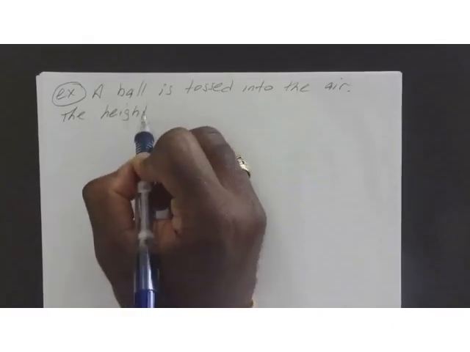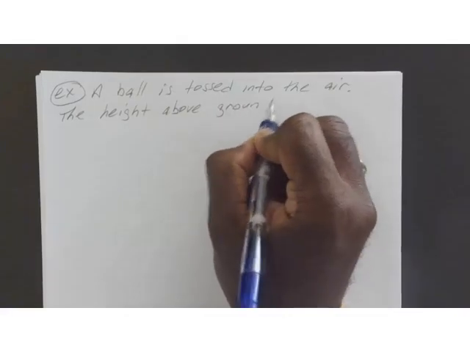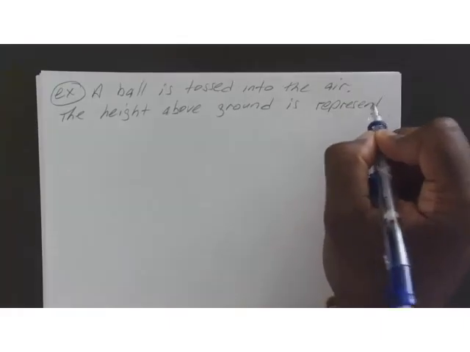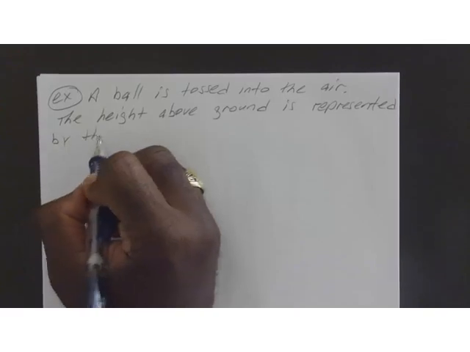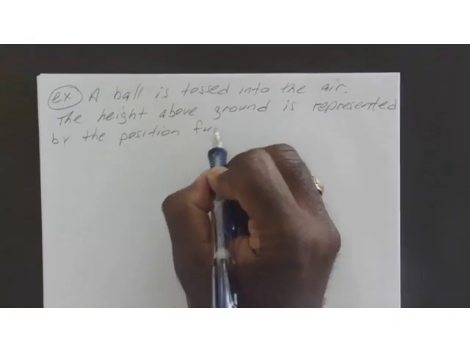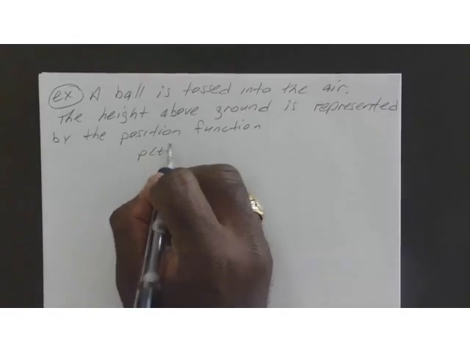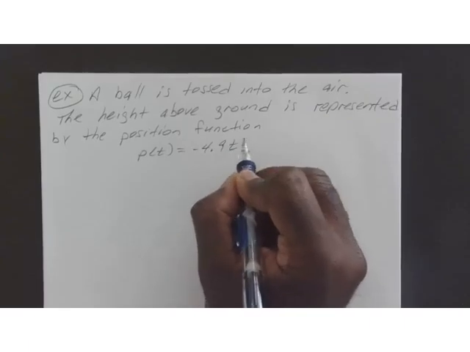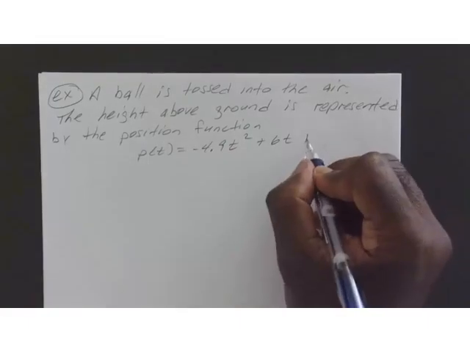The height above ground is represented by the position function P of t is equal to negative 4.9 t squared plus 6t plus 2.